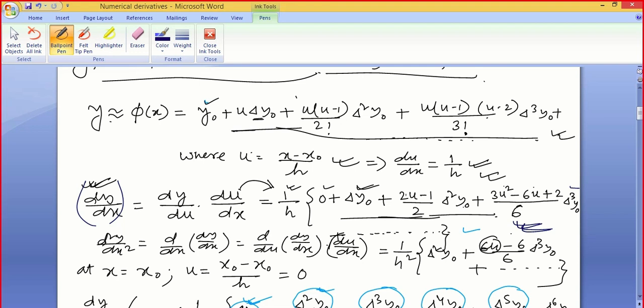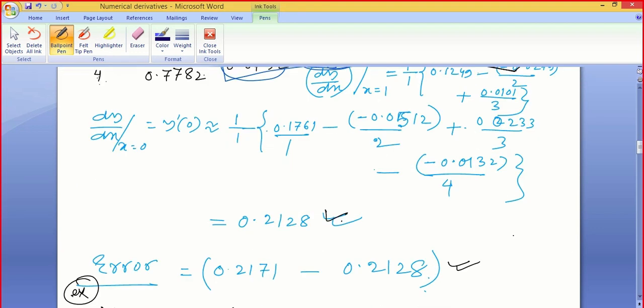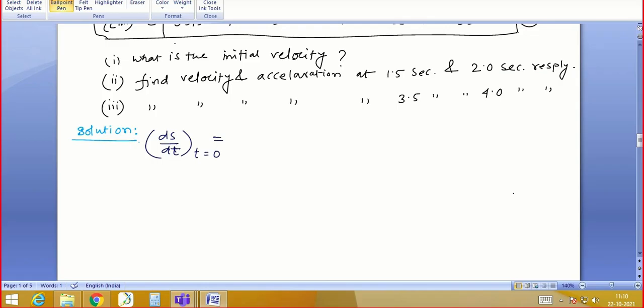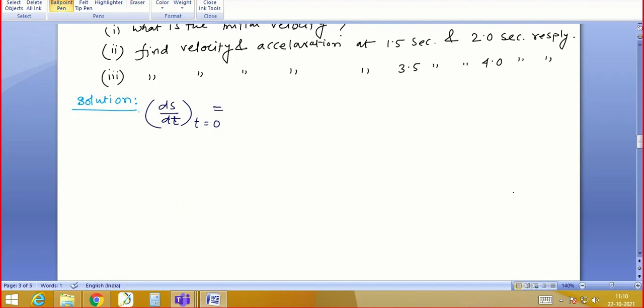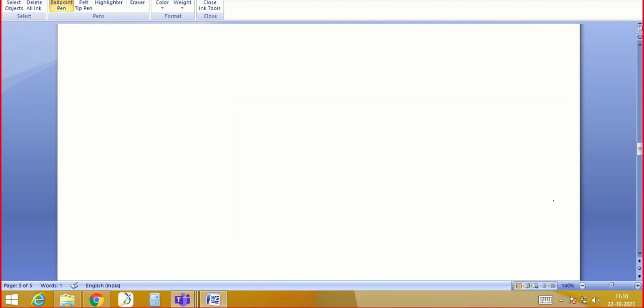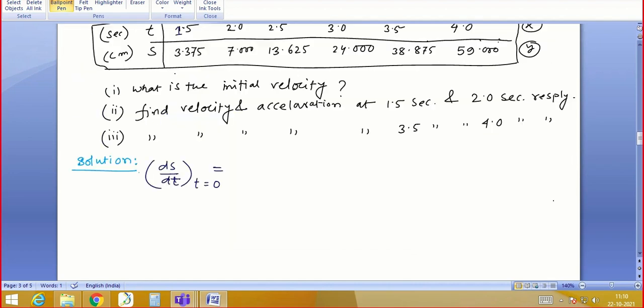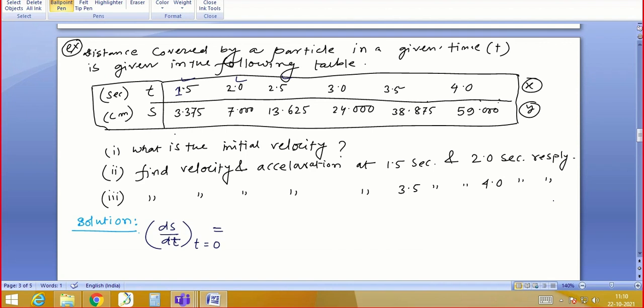Let's start step by step. Write down all T and S values column-wise. At the time being, you should follow in your rough copy or assignment copy, along with your calculator.